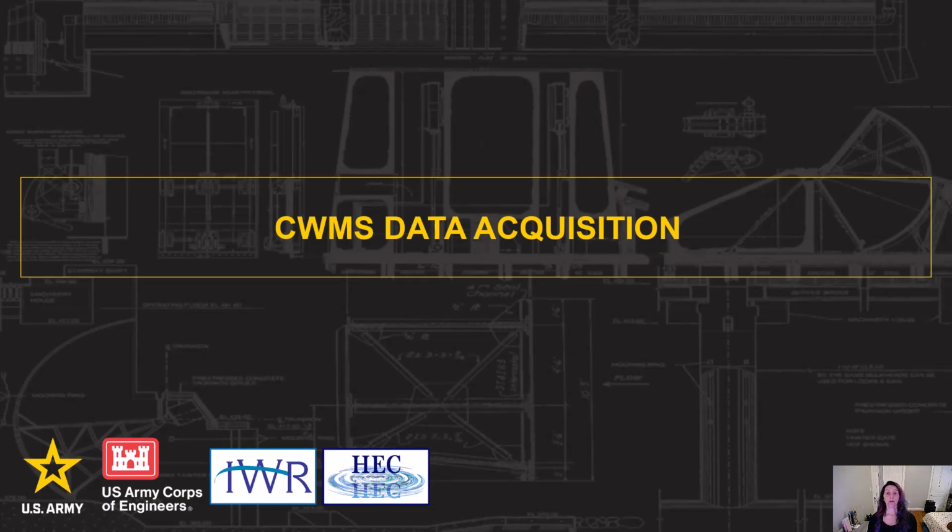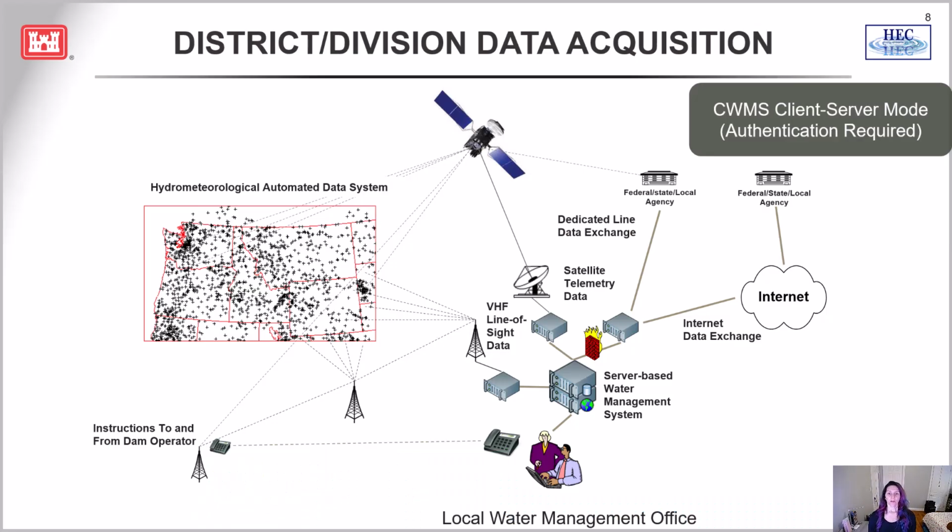So this brings us to data acquisition. There are many places data comes from, both public and proprietary sources. It's acquired continuously through automated processes, and it's transmitted over internet, dedicated lines, line-of-sight radio, satellites, and more.